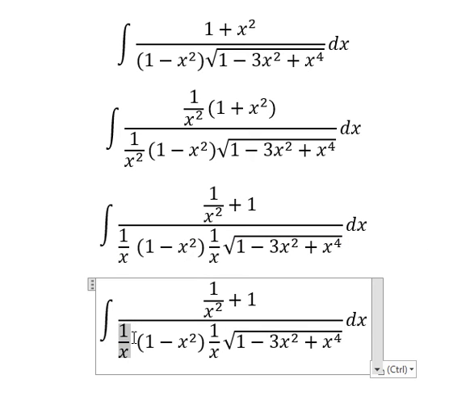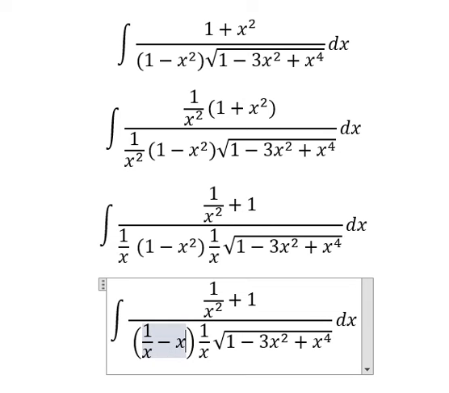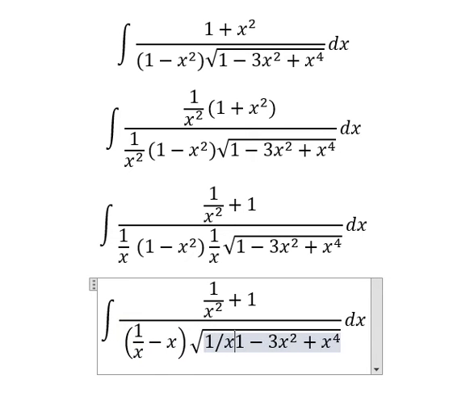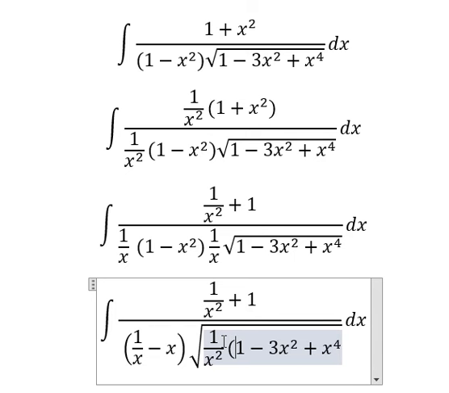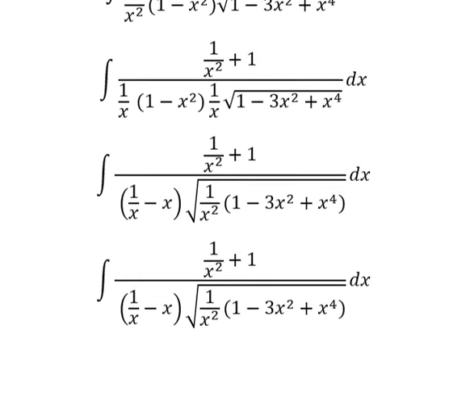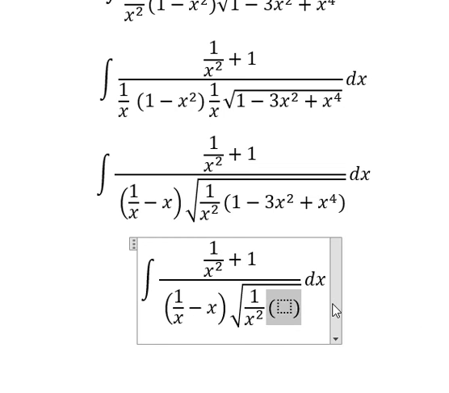So 1 over x multiplied by this one, and this one goes inside the square root. So this one multiplied by this one.